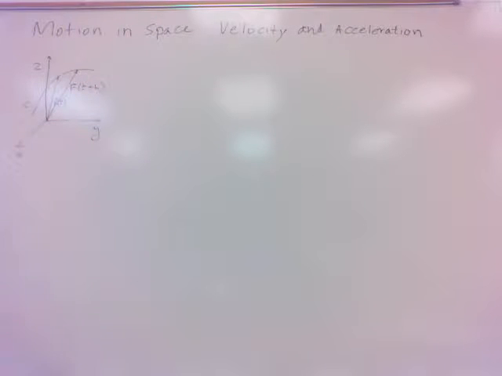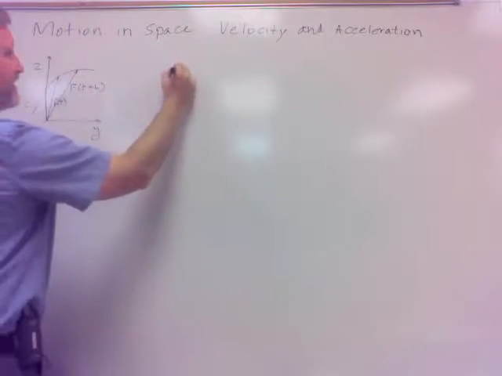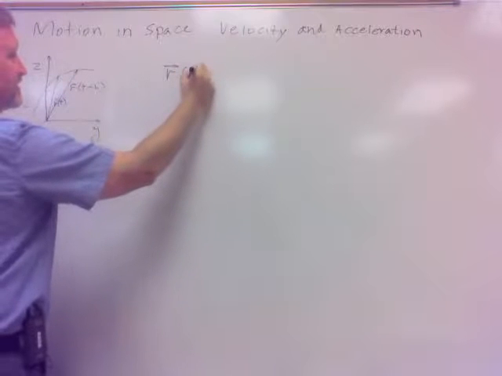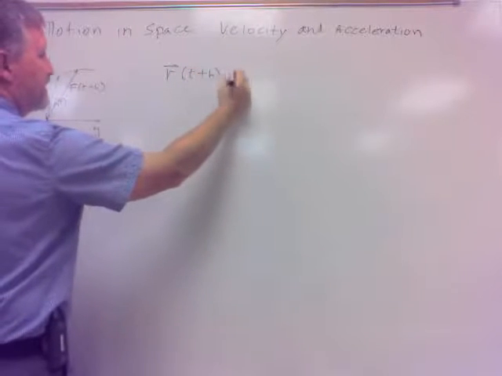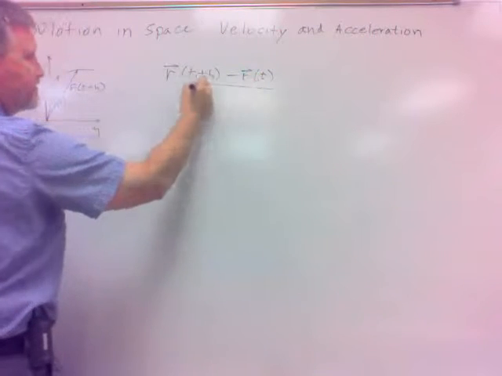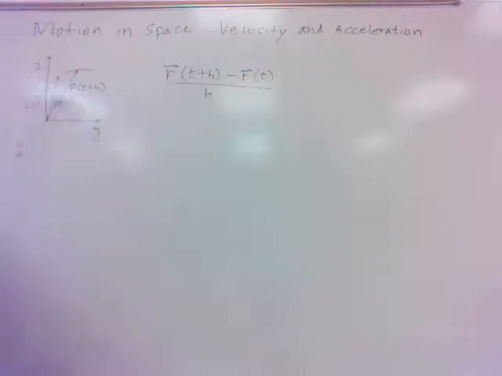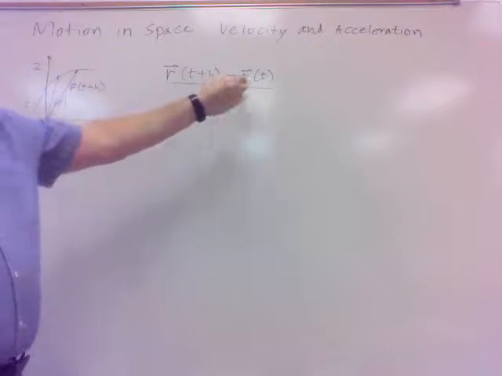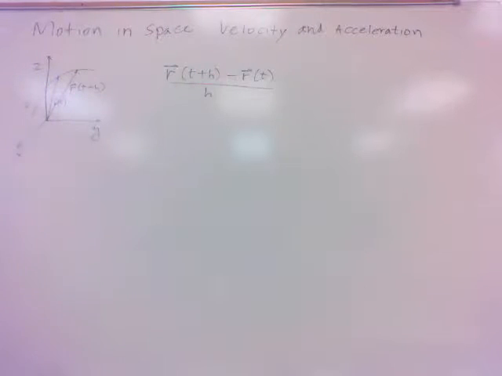So, just kind of reviewing some things, what if I set up a formula? What would that information provide us right there? The vector at t plus h minus the vector at t divided by h.